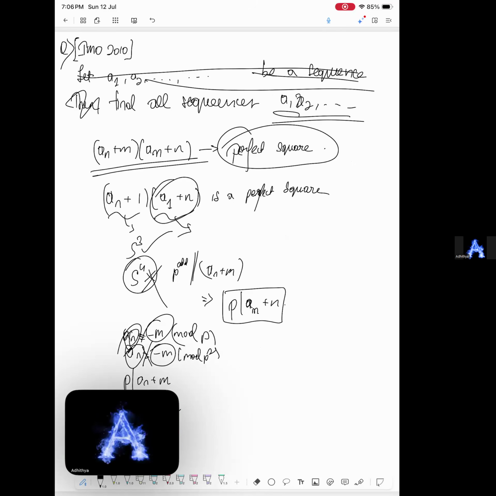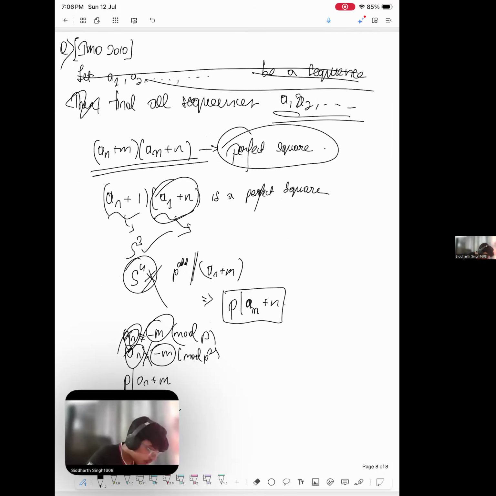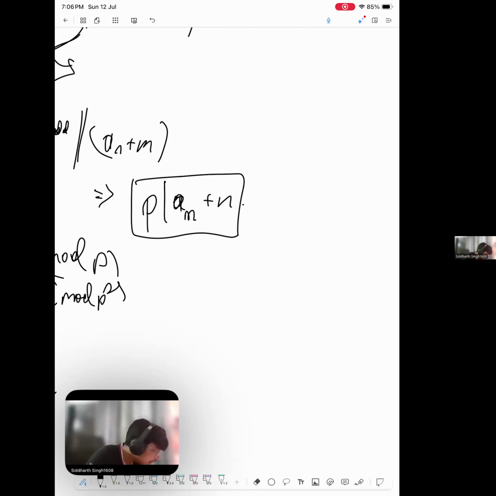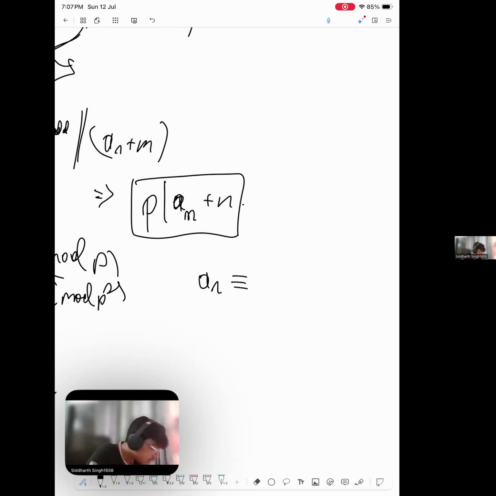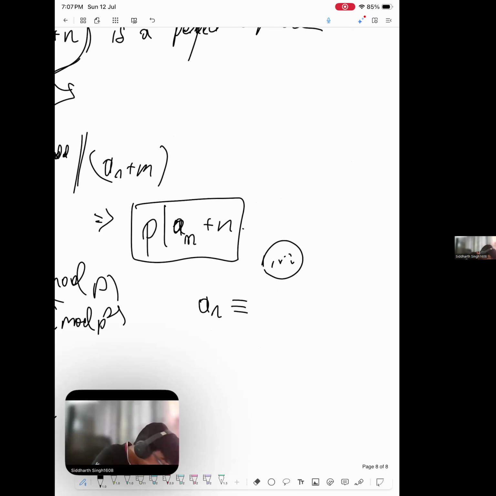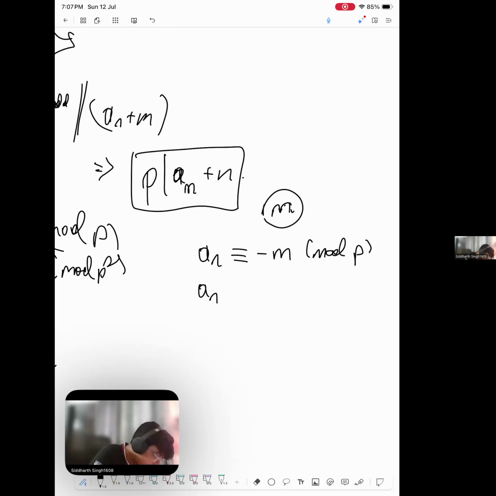Can you repeat the question again? Okay. Suppose we fix n. Then an is fixed, right? Yes. Now we want to choose some number m such that an is congruent to minus m mod p, and an is not congruent to minus m mod p square.